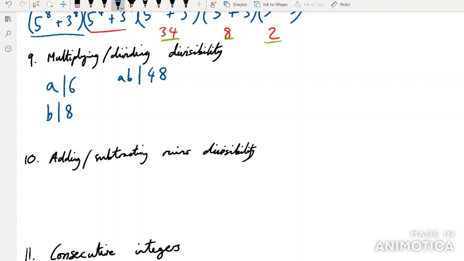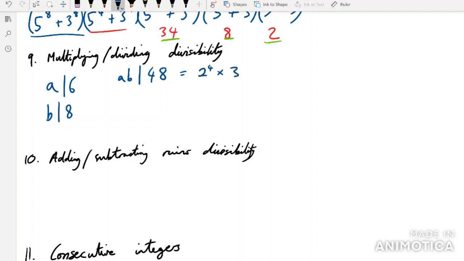But going back the other way is slightly more tricky. If we know that AB is divisible by 48, what does that tell us about the divisibility of A and B? Well, it doesn't really tell us much, as in we know that together they're divisible by 48, and so together, the split between them, they must have a factor of, let's say, well, 48 is 2 to the 4 times 3.